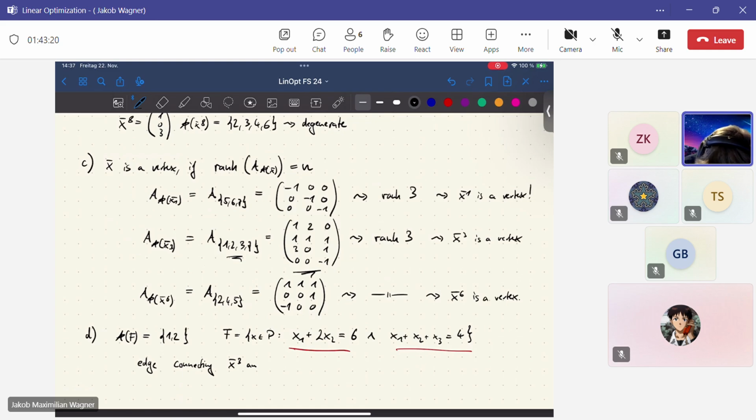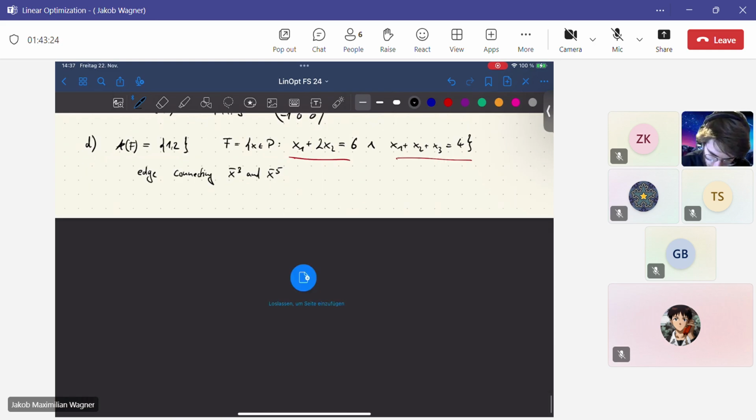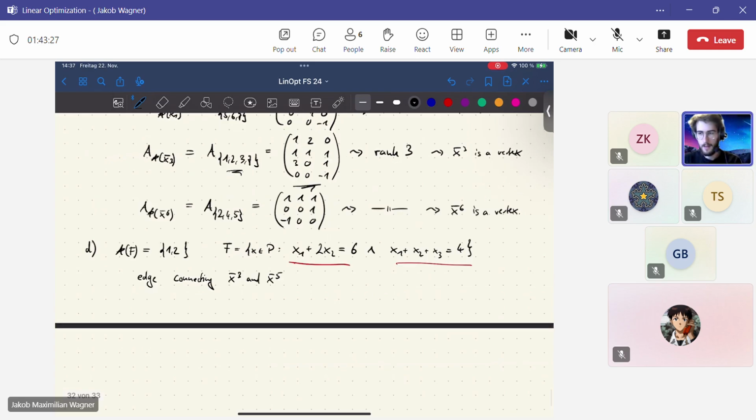bar and x5 bar. And if we check the condition that we stated on what it means for vertices to be neighboring, we said that we want the rank of the matrix A of the constraints that are active at both vertices to be n minus 1.